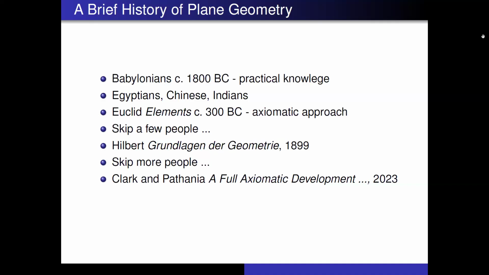The Babylonians in about 1800 BC had a pretty good working knowledge, and there are a number of tablets which show they understood how the Pythagorean theorem worked, and also Pythagorean triples, which they had a particular interest in. And then other ancient societies, Egyptian and Chinese and Indian, also developed an understanding. So certainly it was well known.